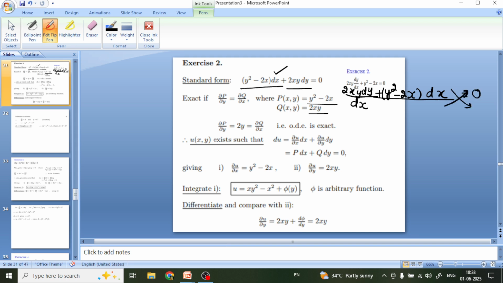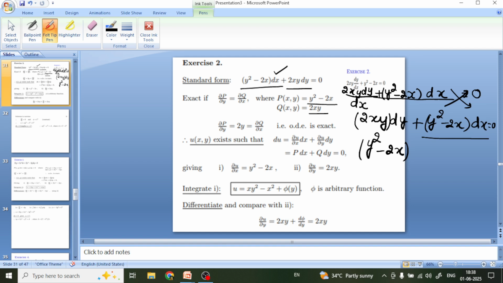Then cross multiply. You will find 2xy dy plus (y² − 2x) dx, that should be equal to 0. This statement will be written first like this, then write 2xy dy equal to 0. This is your standard form.